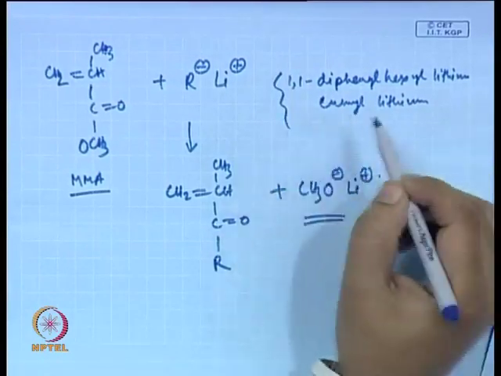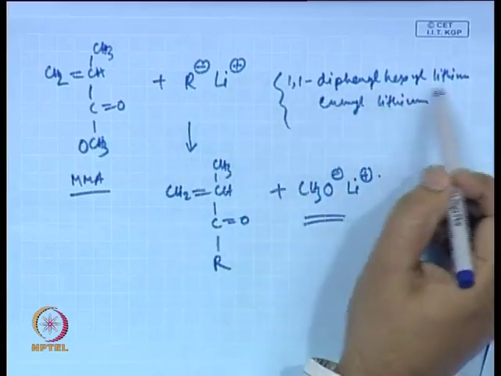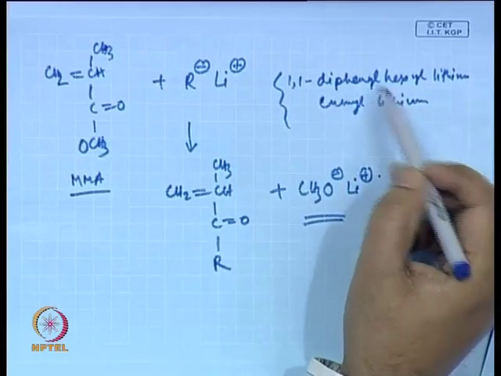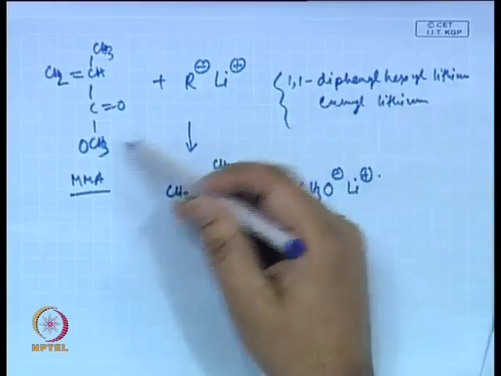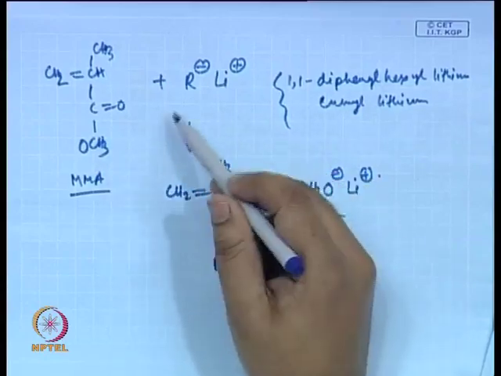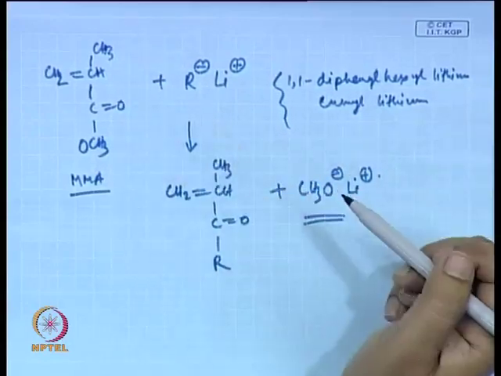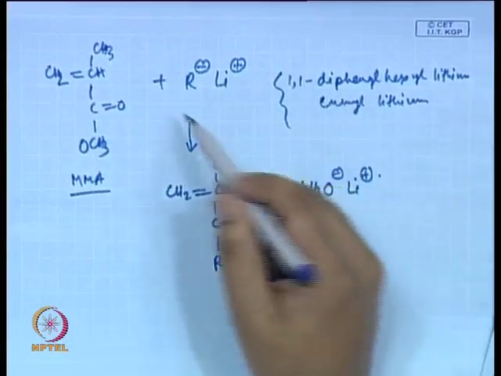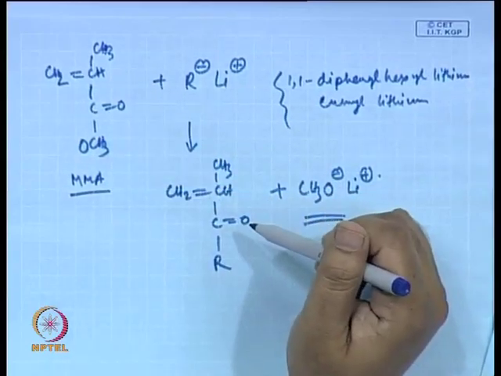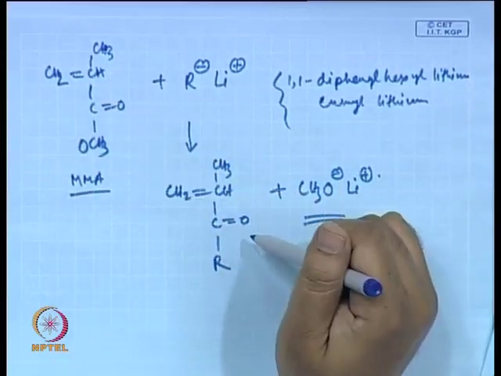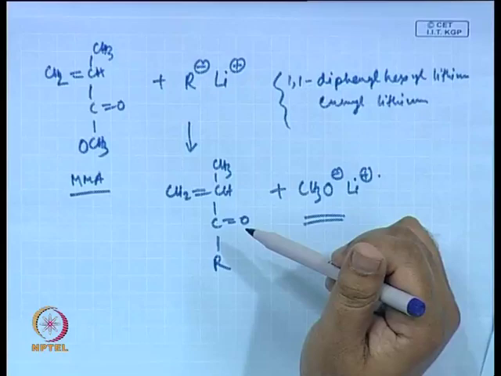Now, in this case, because these groups, this R group in this case, are very large in size, this side reaction of nucleophilic substitution becomes slowed down, difficult. So, you can actually suppress this side reaction.